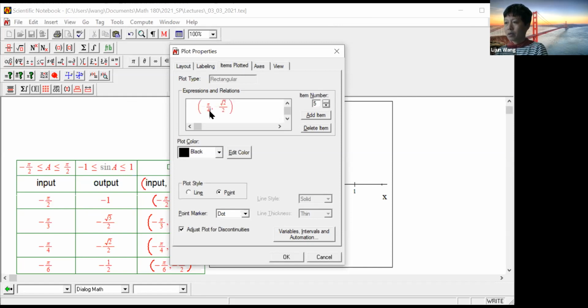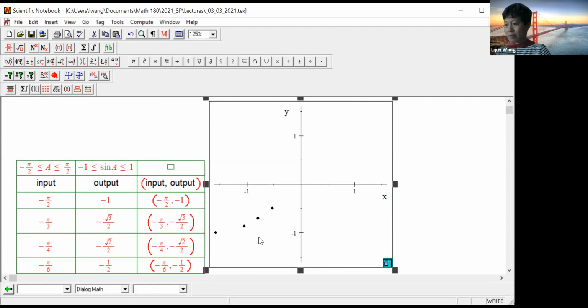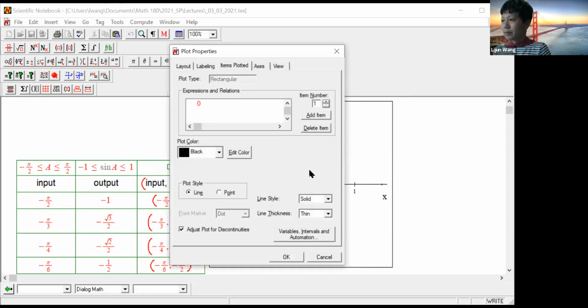And this is pi over 6. And this is 1/2, negative 1/2. Let me check if I got them right. Yeah, it looked like they're fine, right? They're good. Keep going. And so this time is going to be positive. Oh, positive. This is going to be 6. And this is going to be 1.